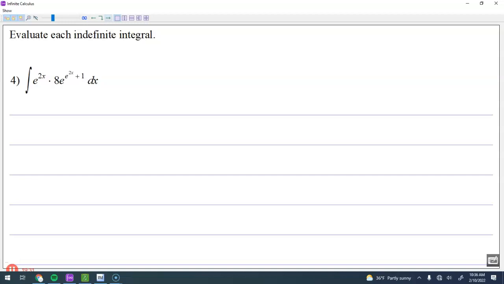What do you mean ripping it off? Yeah, so if you want to look, it's not really attached to the e any more than it's attached to this. They're all just being multiplied. Really, the 8 could be out here too. So what I'm saying is this e is the big. This is my little. So my little guy is e to the 2x plus 1, and that 1 is still up there in the exponent.